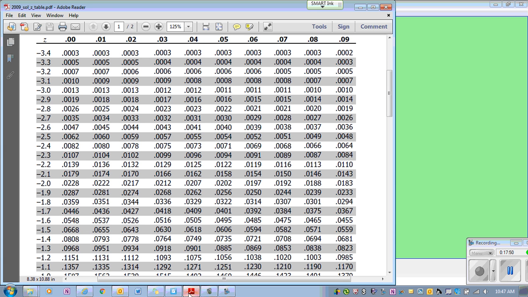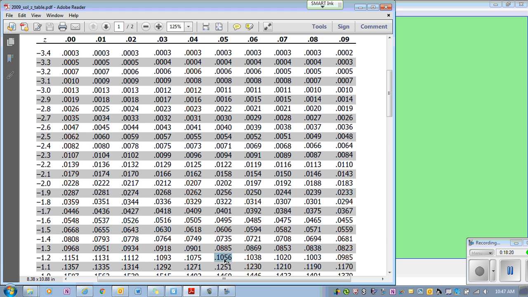Negative 1.2. These columns tell you the second number. You see how it's 0.00? So this one is negative 1.20. That's not what we want. Negative 1.21, negative 1.22, negative 1.23, negative 1.24, and negative 1.25. It's just like how you read a multiplication chart table.